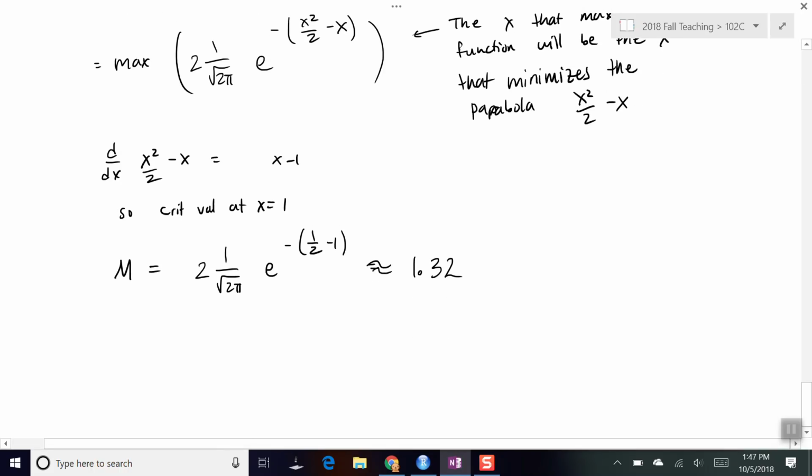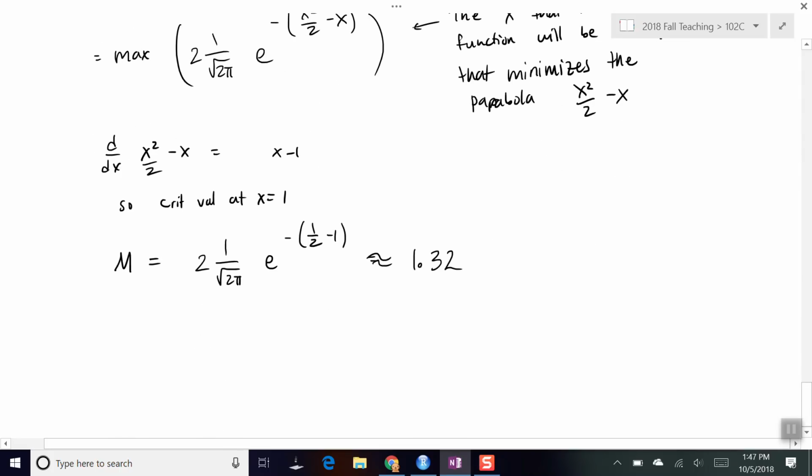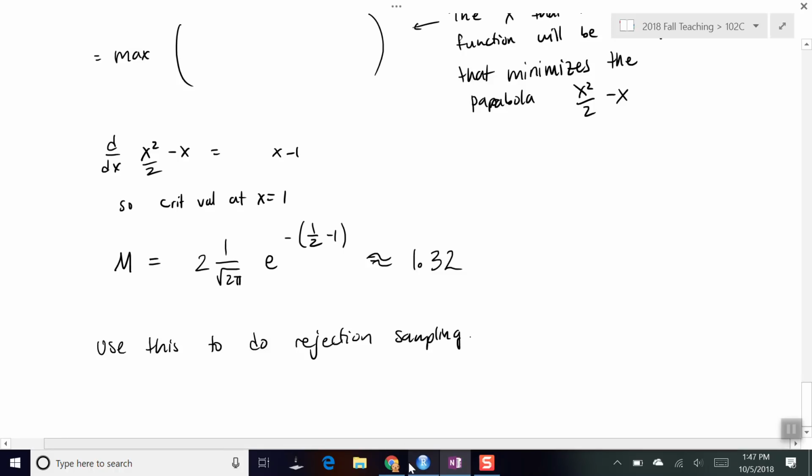Okay, and then now it's just a matter of using this to do rejection sampling. So let me kind of demonstrate that.